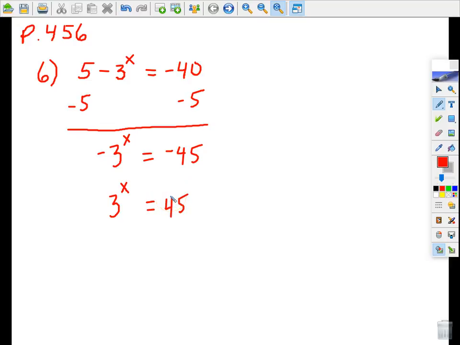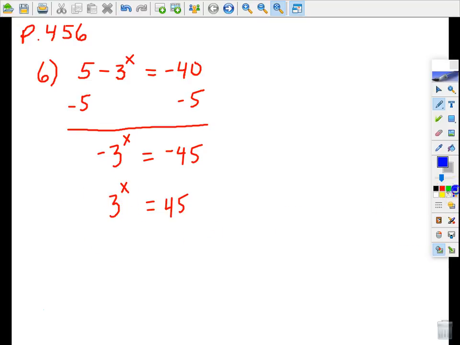Okay? And in the lesson, I made a strong emphasis on taking exponential equations like this, and they need to be rewritten in their log form. So exponential equations need to be written as log equations.